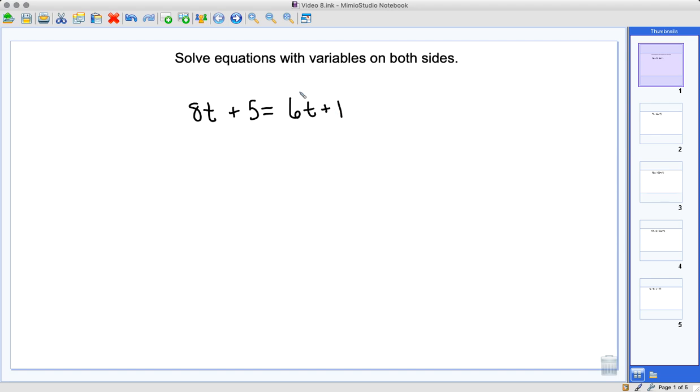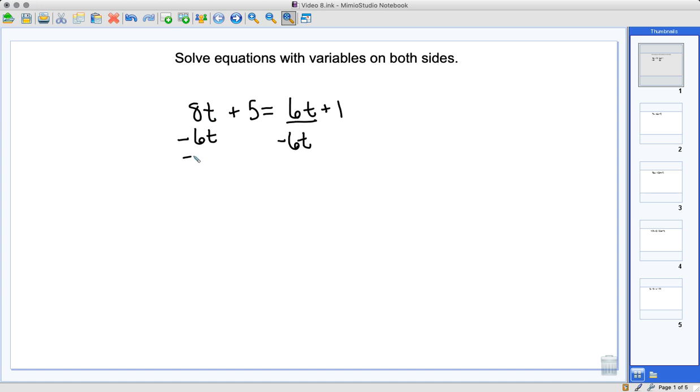So for instance, if I want to move the 6t over to the other side, the 6 is positive, so I'm going to subtract 6t from both sides. Notice how I write it underneath the other number that has a variable with it, because 6t and 5 are not like terms.